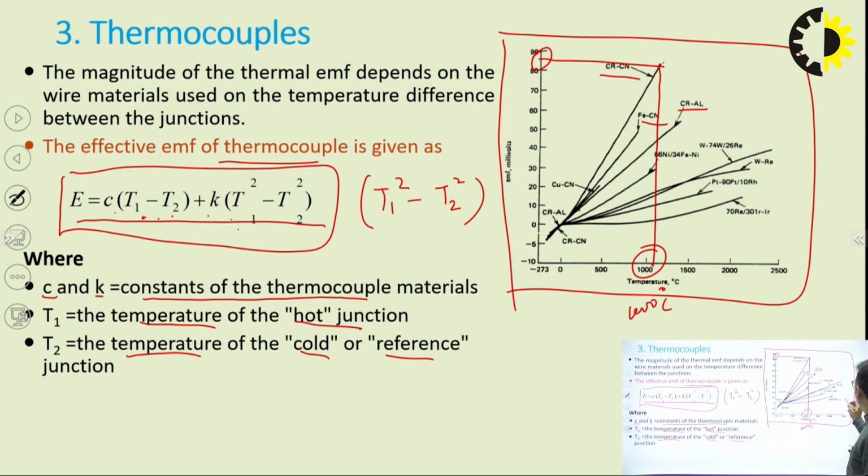However, we can see the iridium combination shows a wide temperature range, but its output is very low. So we have to select the combination according to our application. Sometimes we require a high temperature range, sometimes a high output voltage.